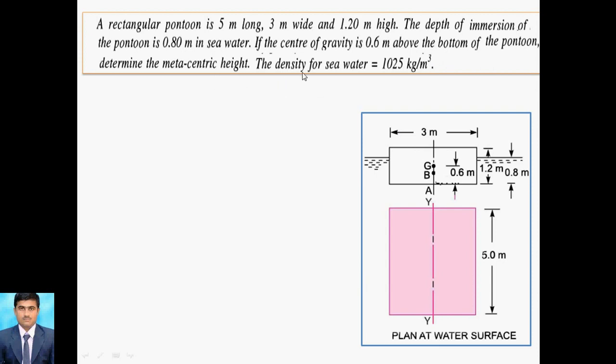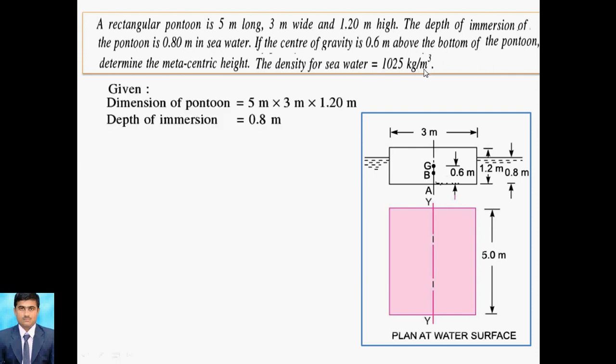Now we go to the next point, how to determine the metacentric height. That is the question, and the pontoon is floating in seawater, with a density of 1025 kg per meter cube. Now we take the dimensions of the pontoon: 5 meter long, 3 meter wide, and 1.2 meter high. So this is the volume. The depth of immersion is 0.8 meter.